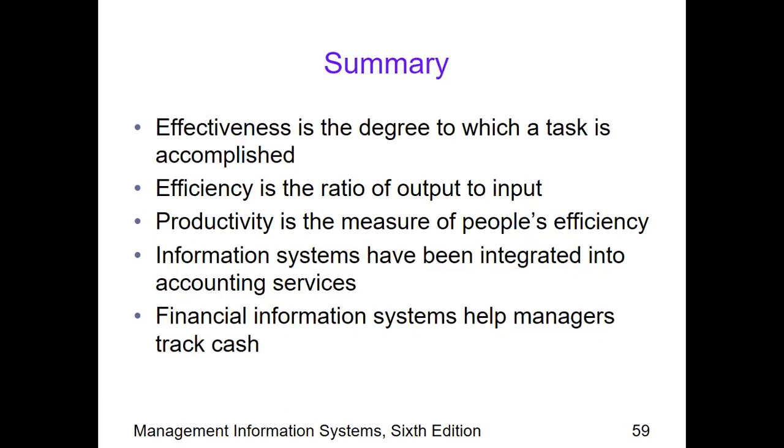But efficiency would focus on the least amount of resources consumed without sacrificing the quality of our products. Productivity talks about people's efficiency, in relation to the usage of the least amount of resources for people. With the usage of IT, we can achieve efficiency and productivity on top of effectiveness.